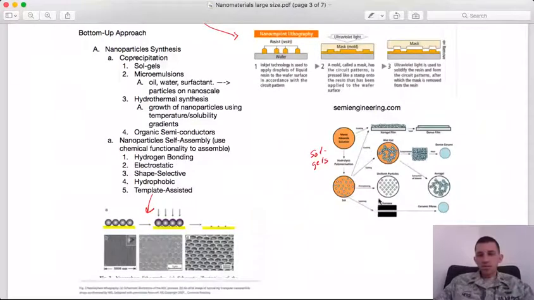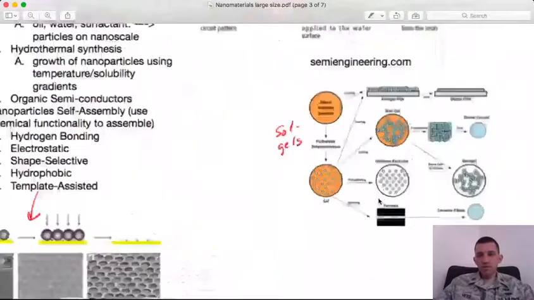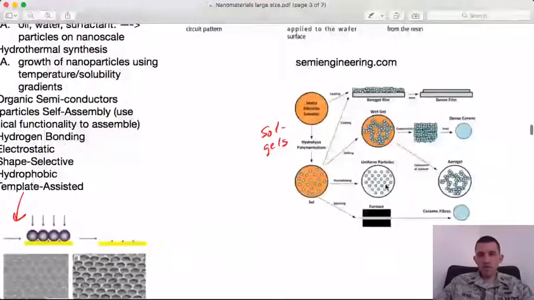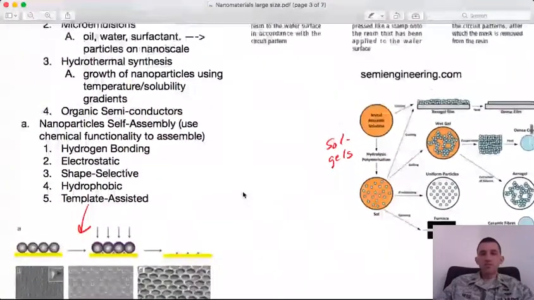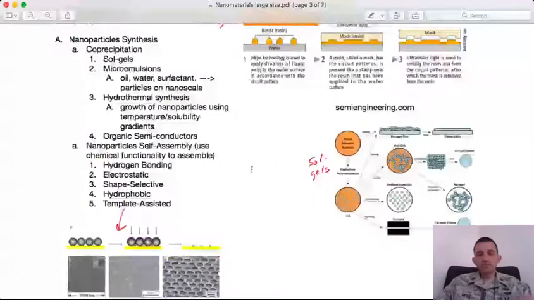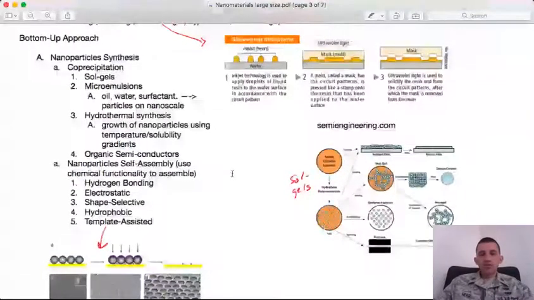whether, let's see if I can zoom in on this particle here, this little diagram. Depending on how you precipitate them, or how you spin them or coat them or have them gel up, you can take these sol gel particles and arrange them in films or in gels or in fibers, and the chemistry of that arrangement process can form nanoscaled features, right?